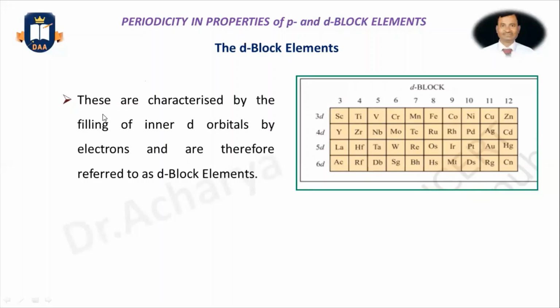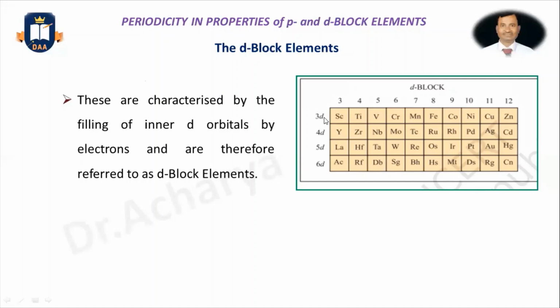These elements are characterized by the filling of inner d orbitals by electrons and are therefore referred to as d-block elements. That means the 3d orbitals are the inner orbitals, and the outermost shell in this case has principal quantum number 4. The inner shell is the 3d, because the outer shell starts with 4s.